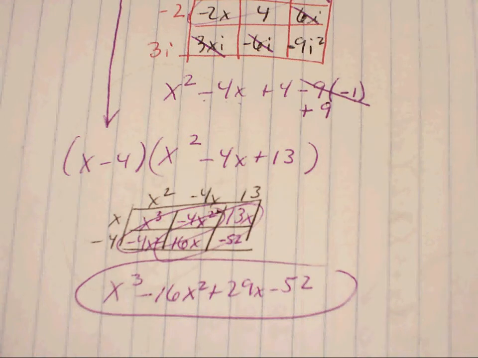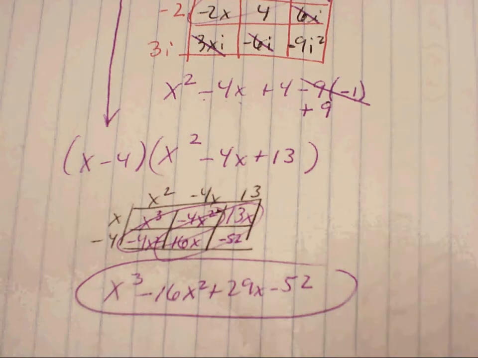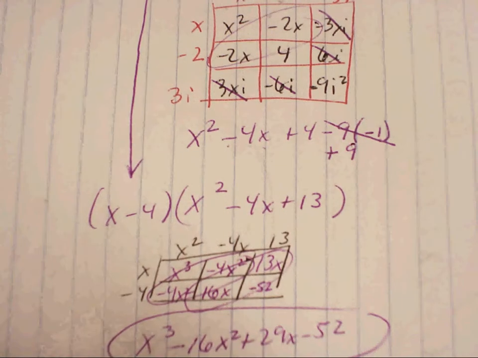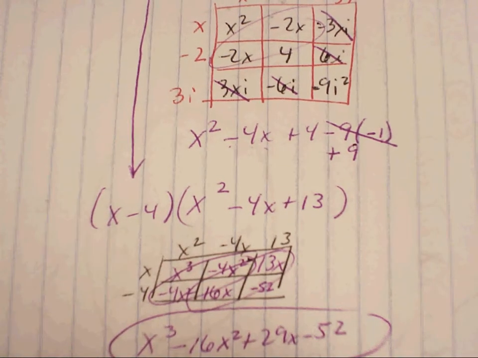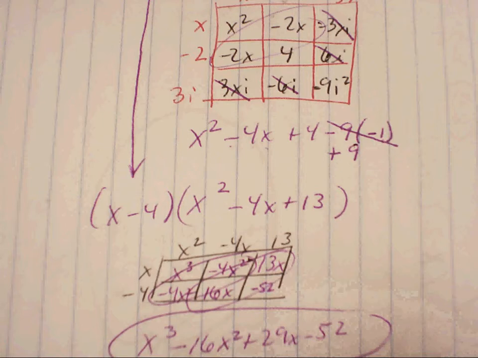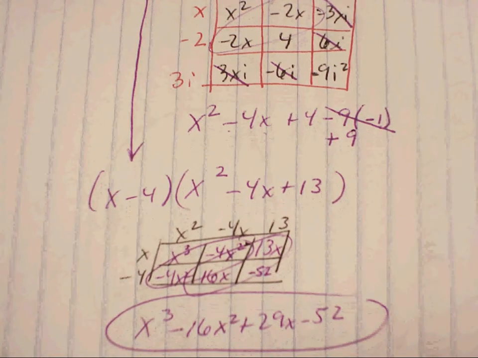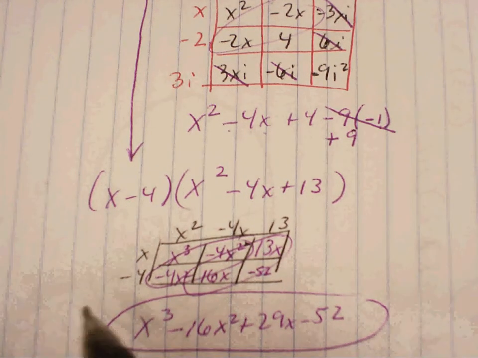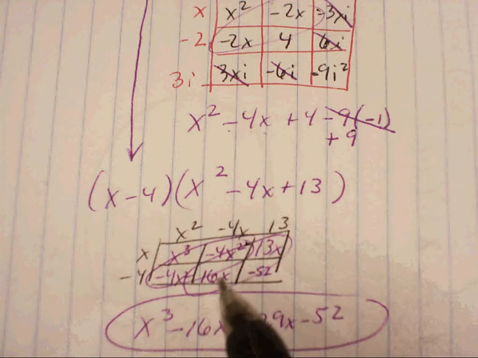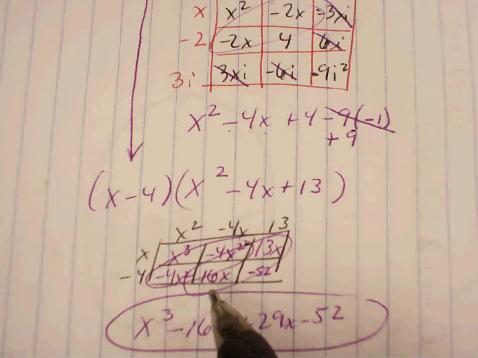So we have x cubed. These two do not cancel, so we've got negative 16x squared. That looks like a positive 13x and a positive 16x, so that is 29x minus 52. So when you combine like terms from the box method, you get binomial times trinomial to be a 4-term polynomial.